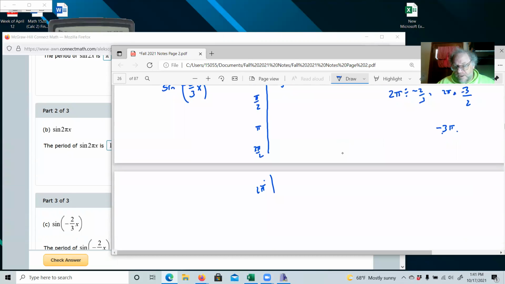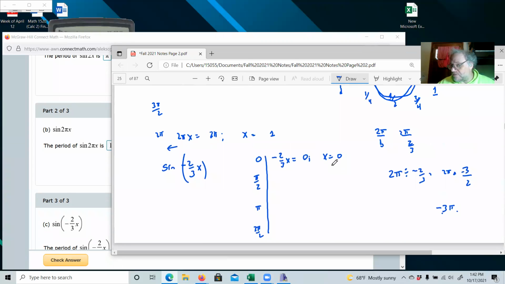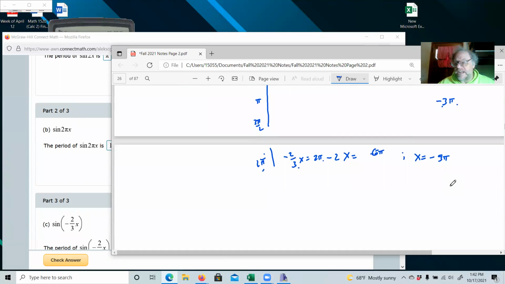If I go down here, we have negative 2/3 x equals 2 pi. Negative 2x equals 6 pi. Right, multiply both sides by 3. Okay, and then divide by negative 2, and x is going to be negative 3 pi. Okay, so my beginning is still x equals 0. My ending is negative 3 pi.